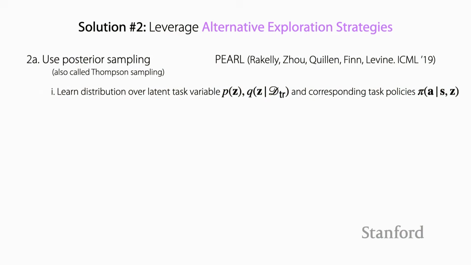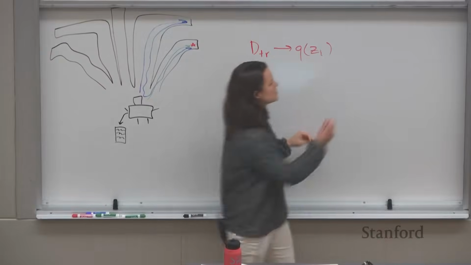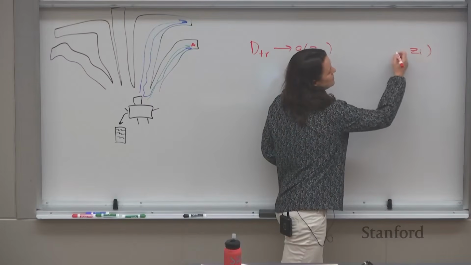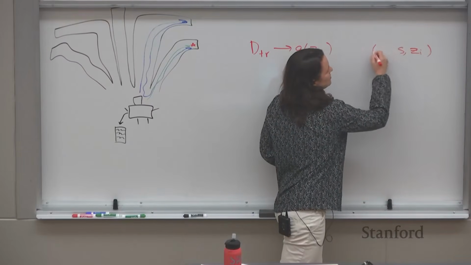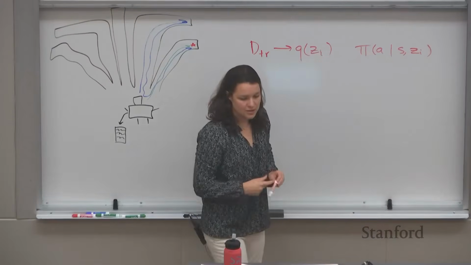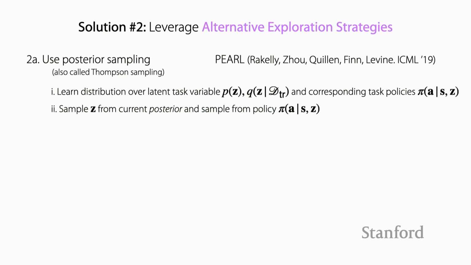So if you have this task inference procedure, and you also have a policy that, given an estimate of Z, is able to generate actions, then you can sample a Z from this distribution and then sample from this policy.